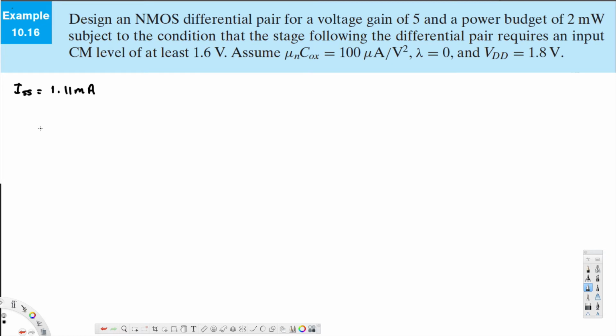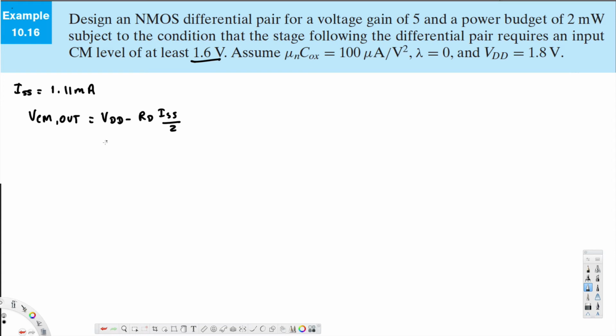Also, for VCM out we have an equation: VCM out is VDD minus RD times ISS divided by 2. For VCM out to be at least 1.6 volts, each resistor must sustain a voltage drop of no more than 200 millivolts.